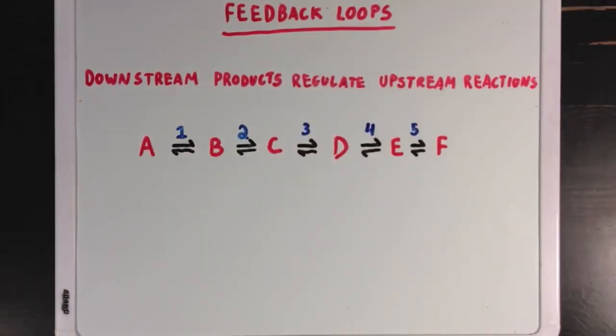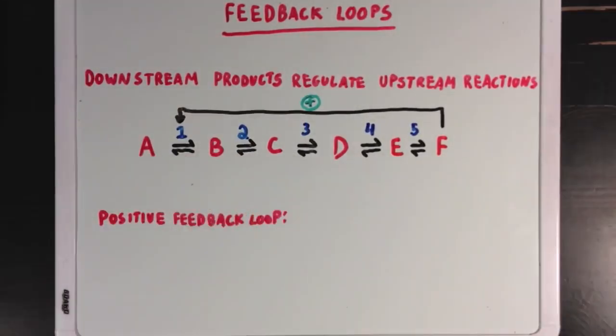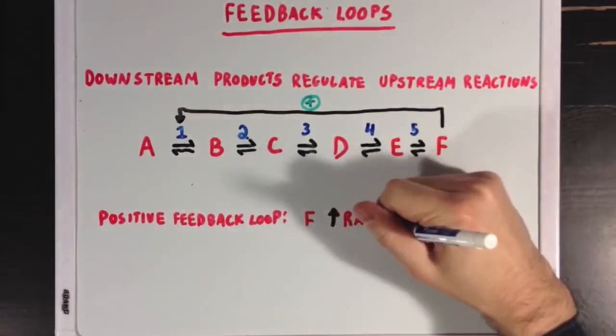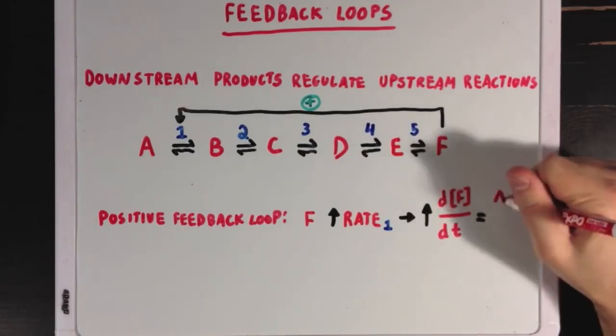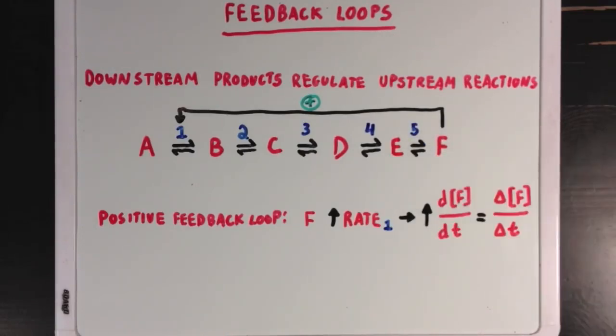Now let's say that molecule F acted as an activator for the enzyme powering reaction 1. So it had a positive effect on enzyme 1's activity. Now we would call this a positive feedback loop since molecule F increases the rate of reaction 1, which then causes even more F to be made since we've increased the rate of formation of molecule F.